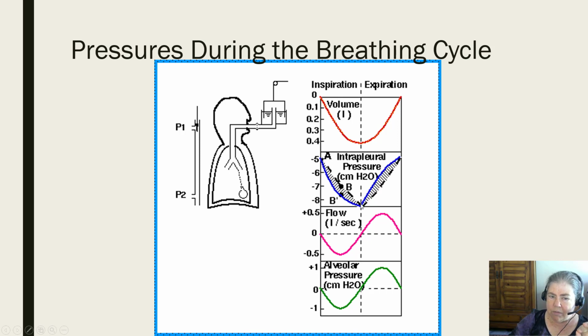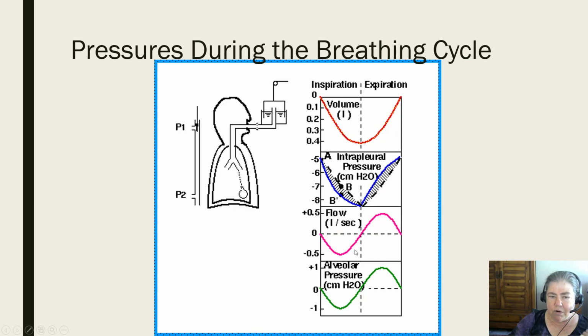It drops down to about -8 centimeters of water during inspiration, gets back up close to 0. Here it says -5 with expiration, while the alveolar pressures are only varying by about 2 centimeters of water, down to about -1, up to about +1.